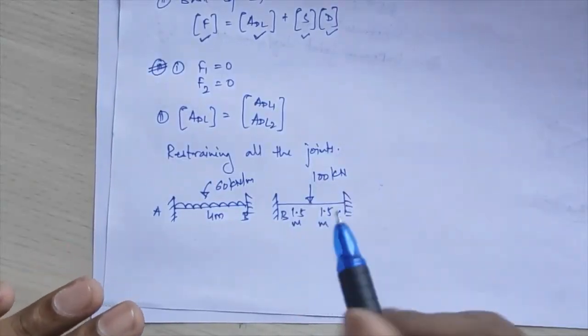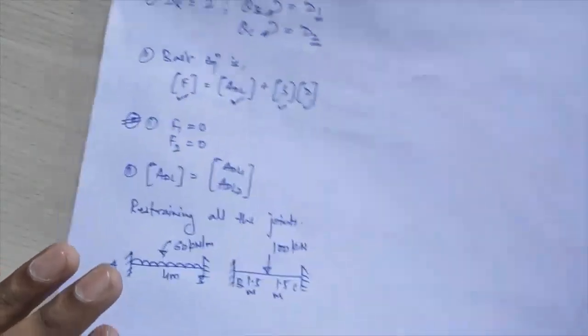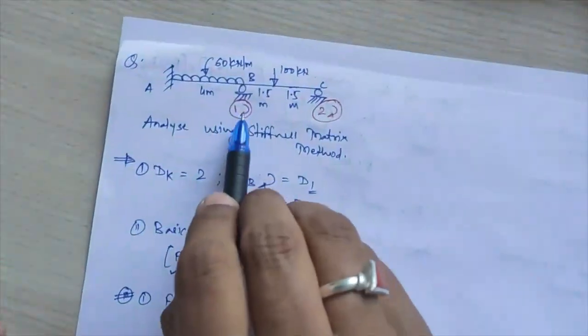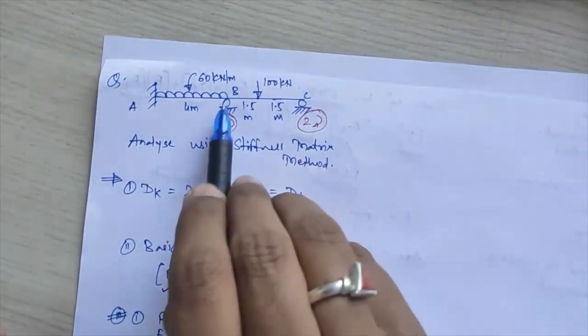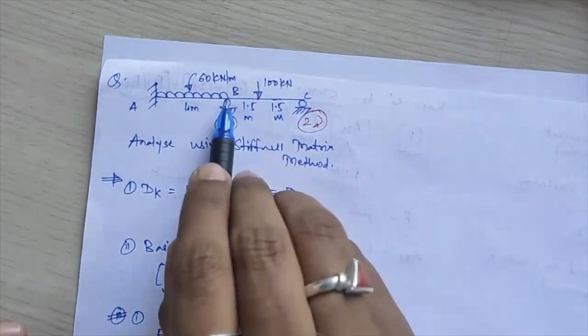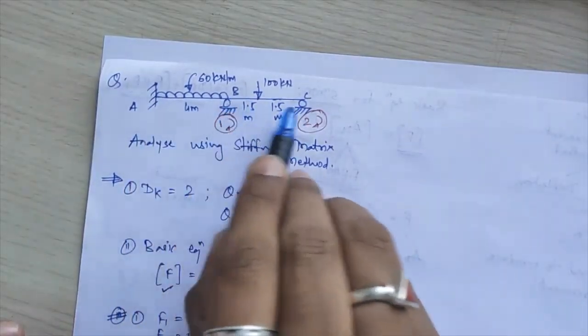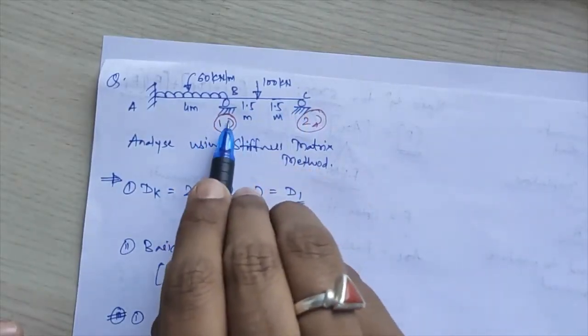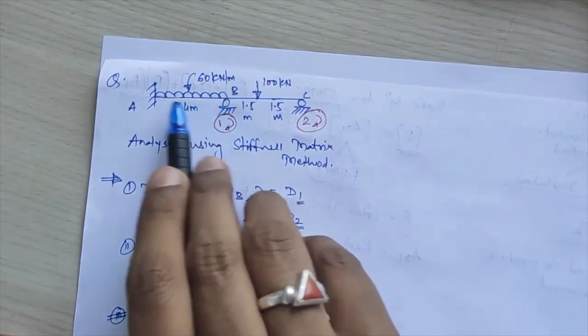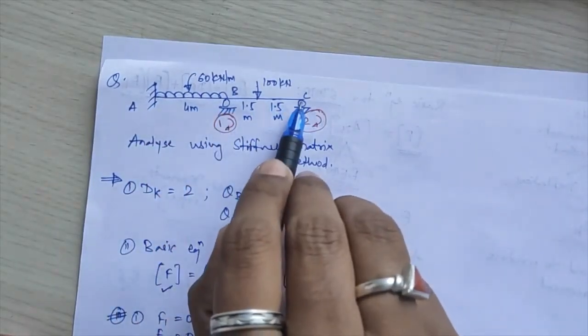So I have to calculate the fixed end moment values at your first and second coordinate. The fixed end moment value at your first coordinate will be the summation of MBA plus MBC. That is, I have to calculate the fixed end moment of BA and of BC to get my ADL1 value. So ADL1 will be equal to MFBA plus MFBC.